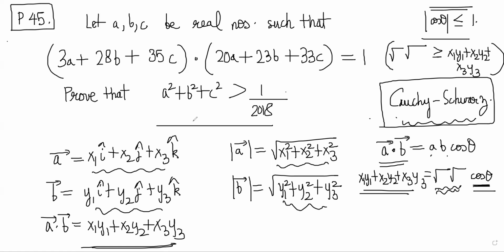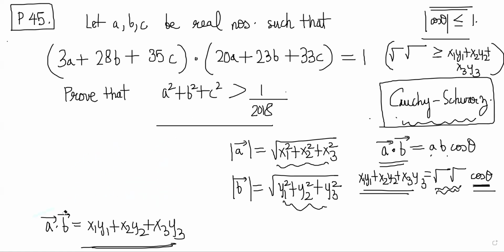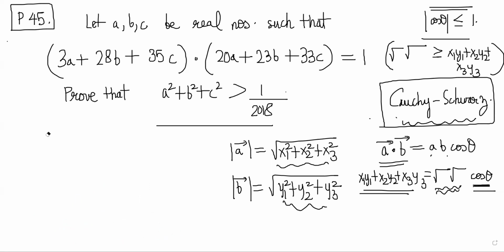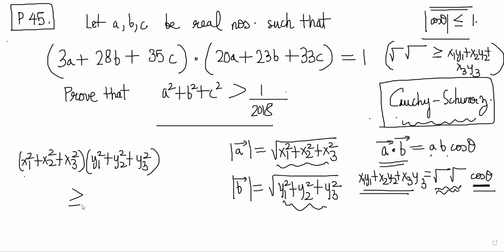So now, if you square both sides, what we get is the inequality that x1 square plus x2 square plus x3 square, times y1 square plus y2 square plus y3 square, is greater than or equal to x1 y1 plus x2 y2 plus x3 y3 whole square.